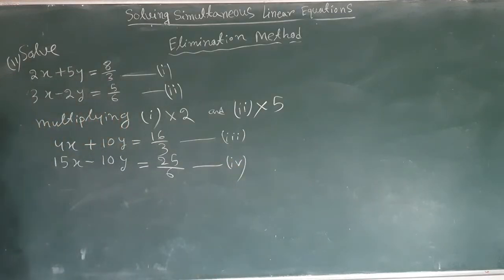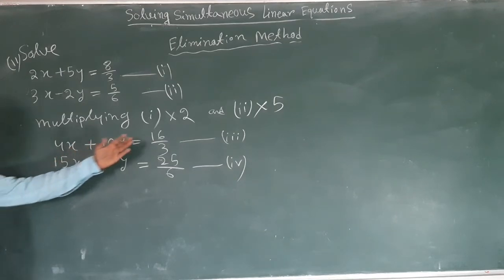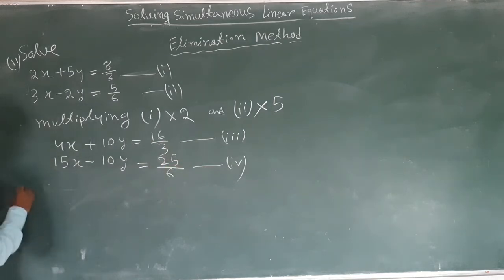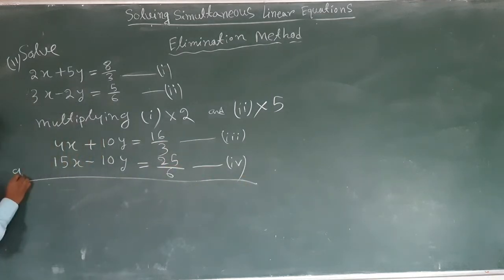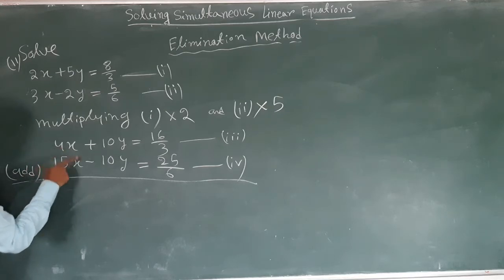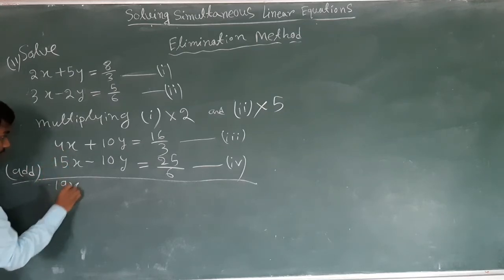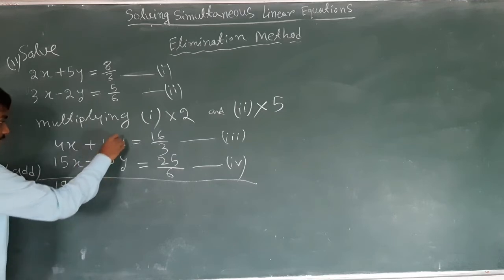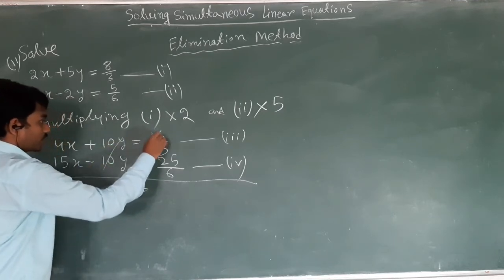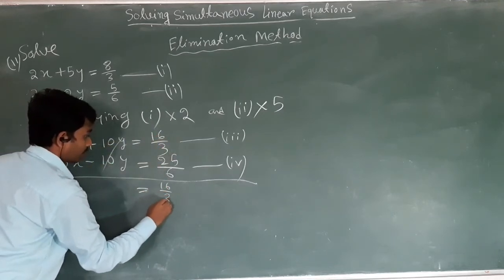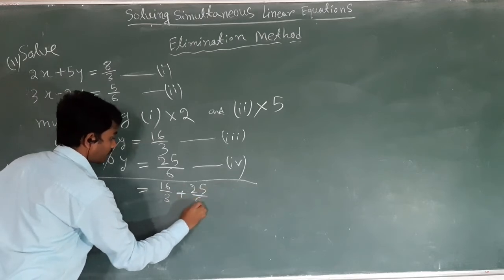So from third and fourth equation we see that y has different sign. So we add equation third and fourth. So 4x plus 15x, 19x, plus 10y minus 10y cancel. So 16 upon 3 plus 25 upon 6.